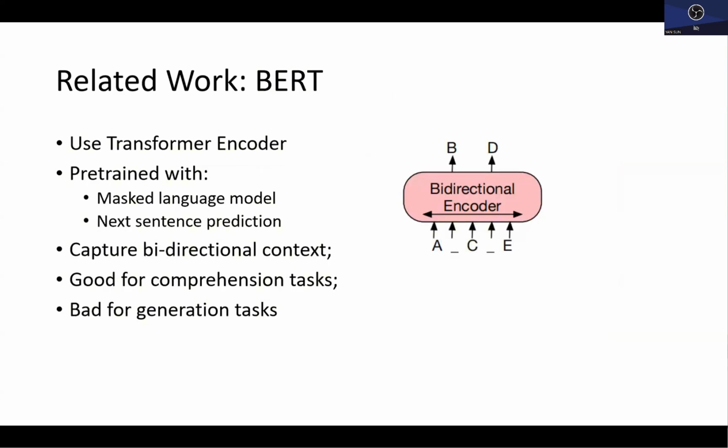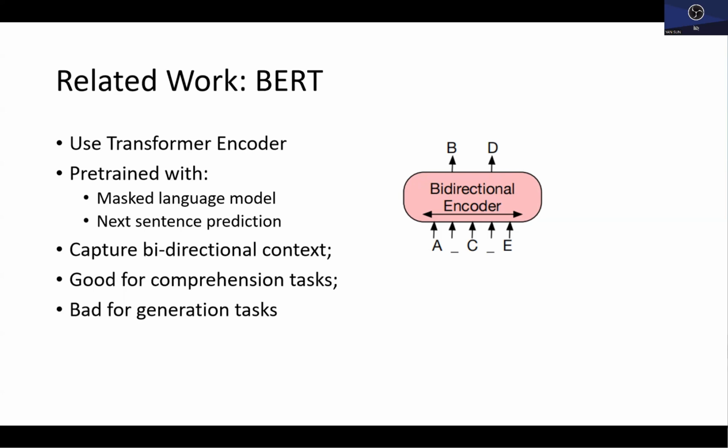After Transformer, there's another famous model called BERT. BERT uses only transformer encoders. It is pre-trained with 2 tasks, masked language model and next sentence prediction. For masked language model, we sample some positions in the sentence and replace them with a mask token.